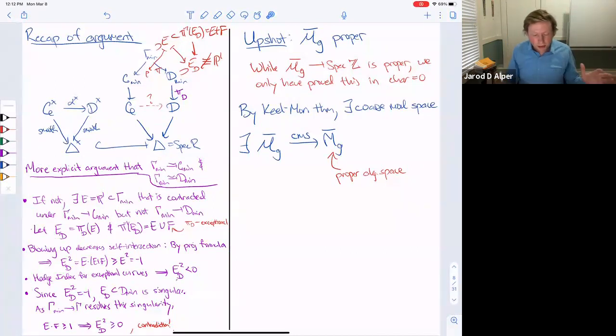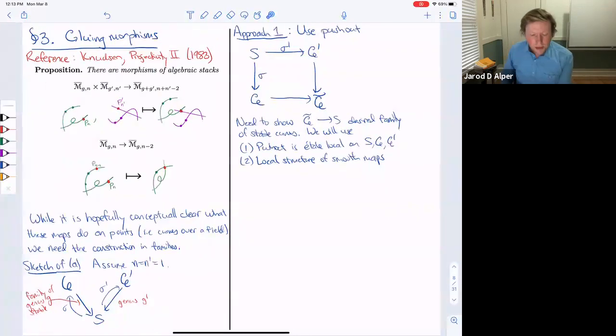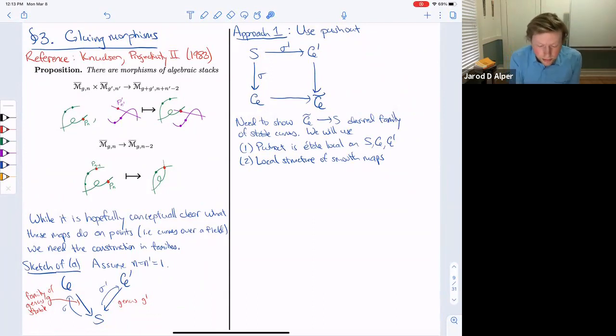I wanted to give multiple perspectives. Anyway, the next topic is gluing morphisms. And the reference is Knudsen's articles, namely his second projectivity paper.